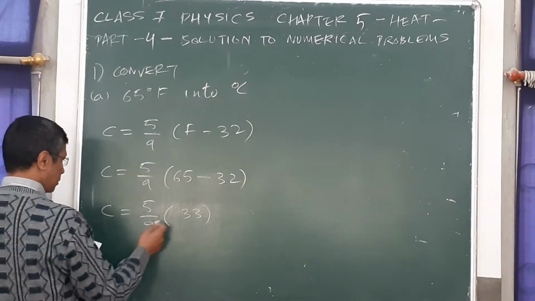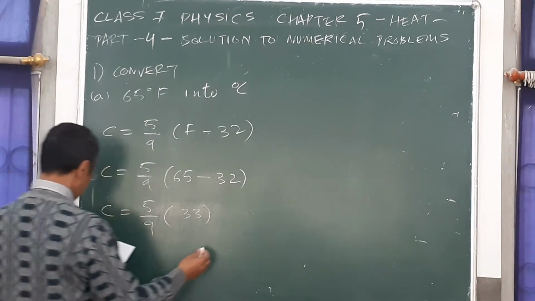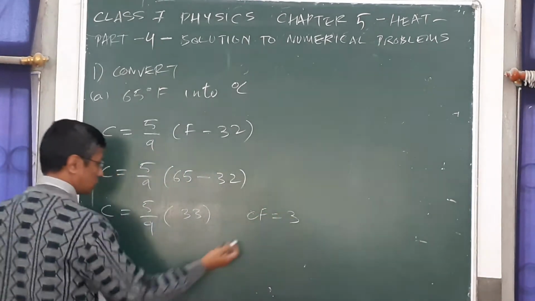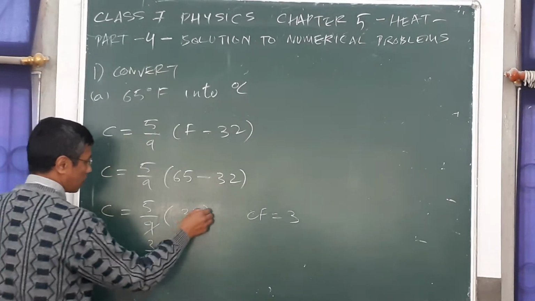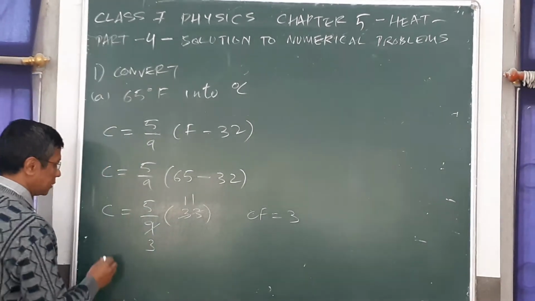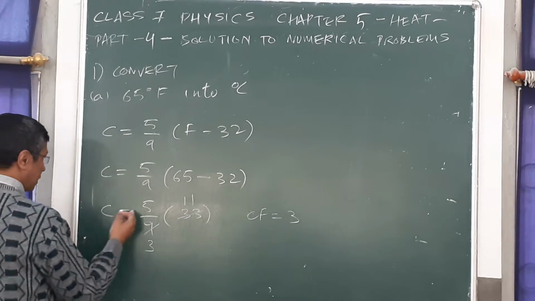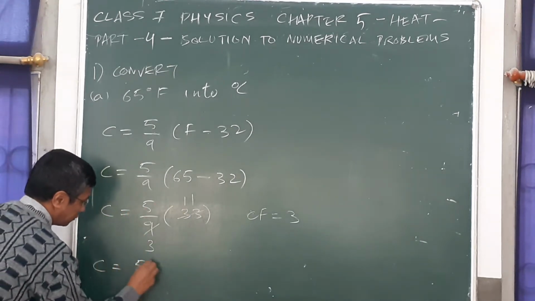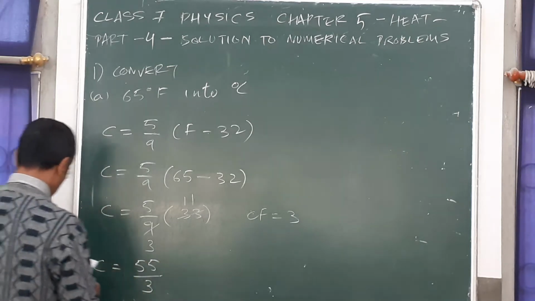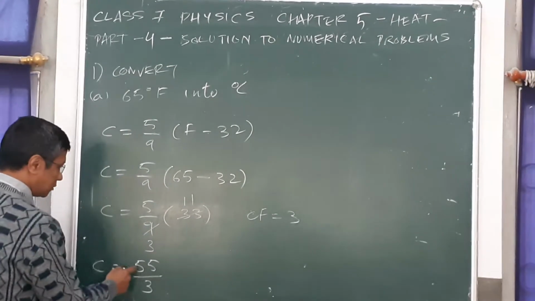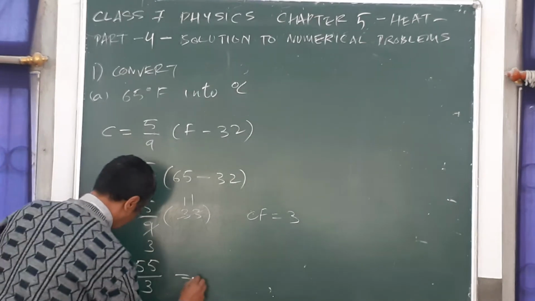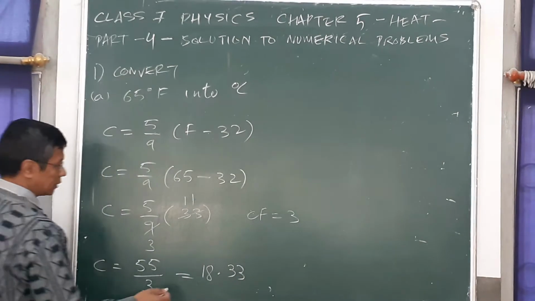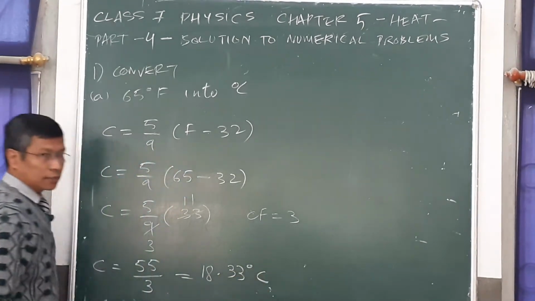Now between 9 and 33, the common factor is 3. So 3 nines are 9 and 3 elevens are 33. So if you multiply the remaining values, 5 into 11 will give us 55 divided by 3, and if you do long division, 55 by 3 will give us 18.33, and since we are converting in degree Celsius, this will be in degree Celsius.